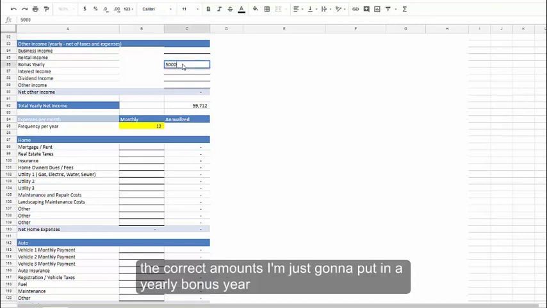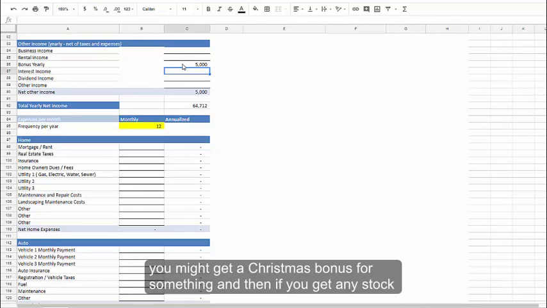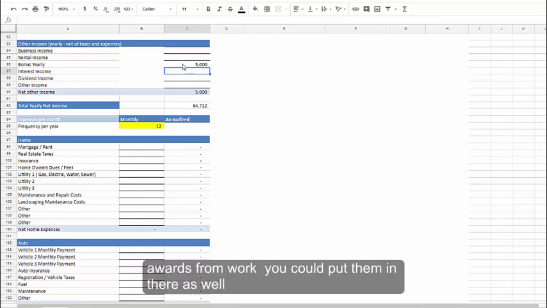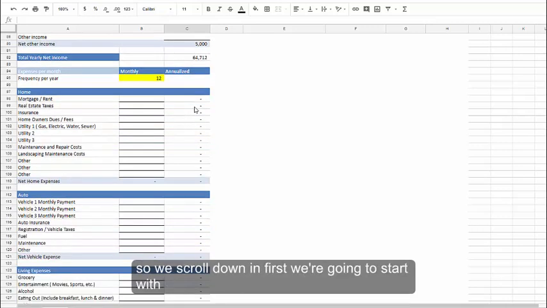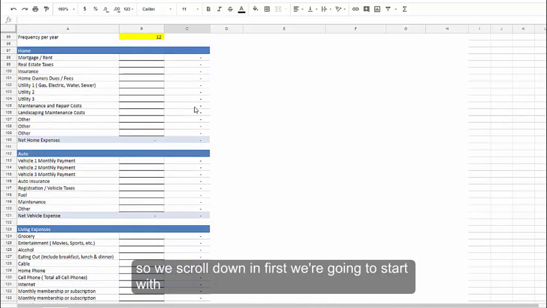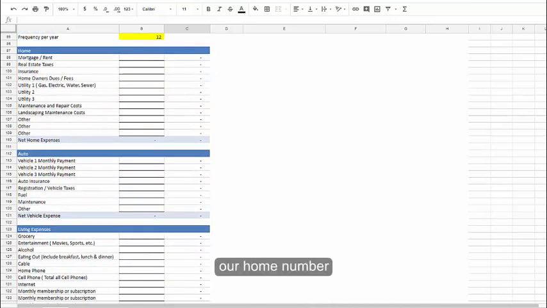So I'm just going to put in a yearly bonus here. You might get a Christmas bonus or something. And then if you get any stock awards from work, anything like that, you could put them in there as well. After this, we're going to look at expenses, and you'll see this is calculated out the total income for the year. So we scroll down, and first we're going to start with our home number.